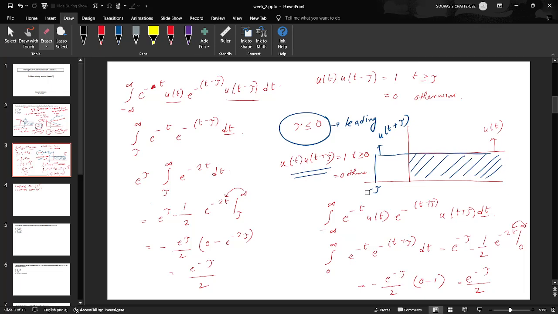This is tau only, because we already consider tau to be negative, so it's fine there. This sign should not change, they should remain as it is, because tau being negative has already been taken care of. Sorry for this mistake.